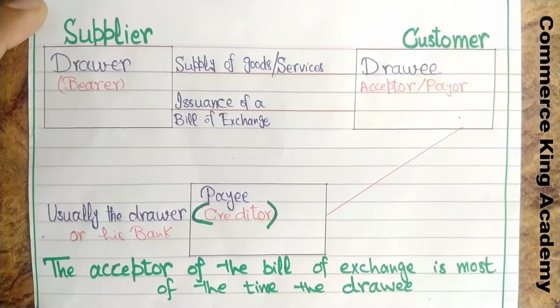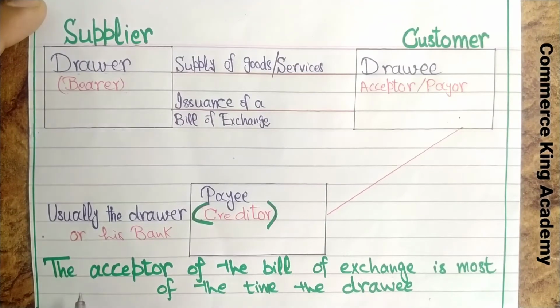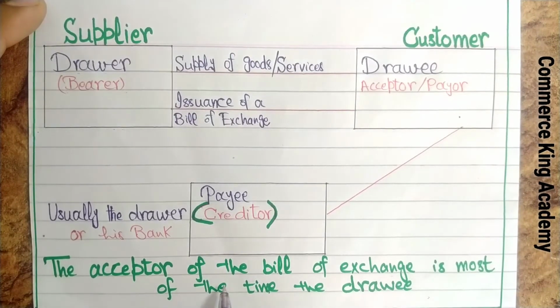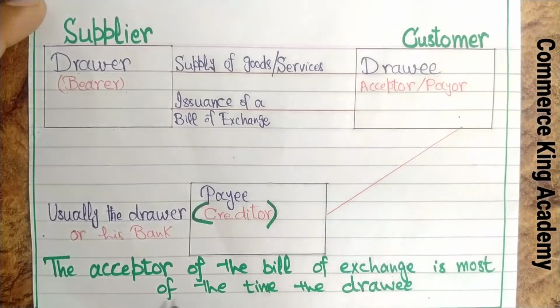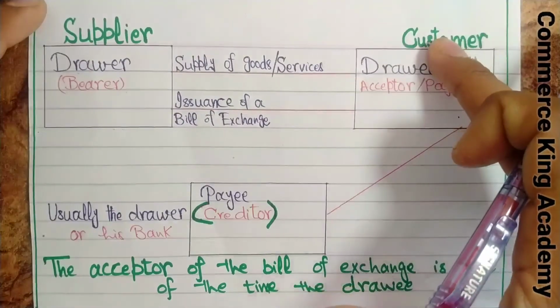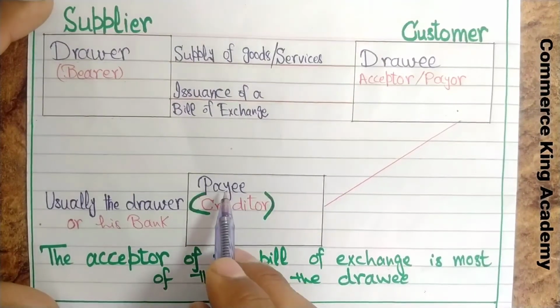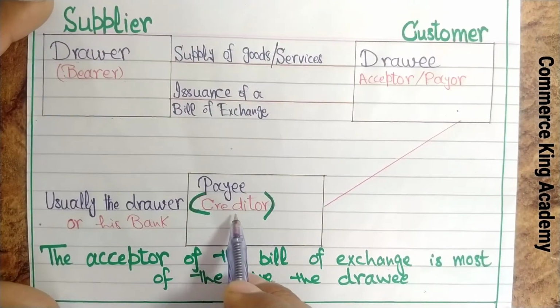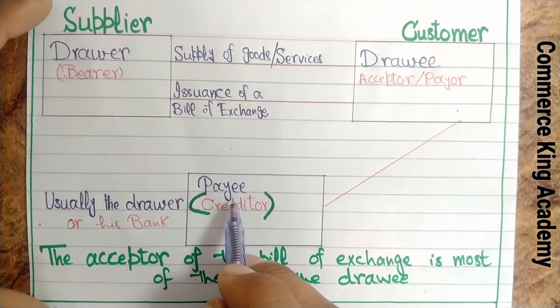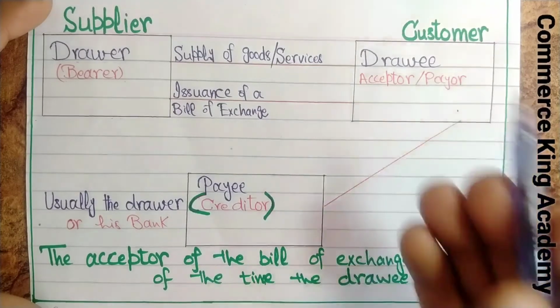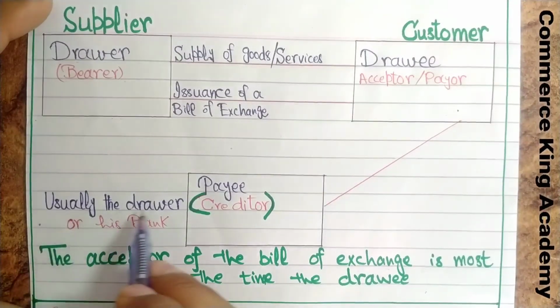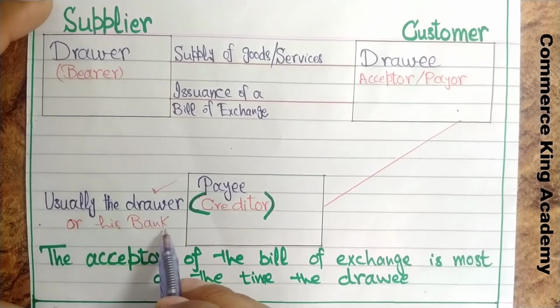Clear? You must keep in your mind that the acceptor of the bill of exchange is most of the time the drawee. And you already know about this party, the payee or creditor. This is the person who receives the payment from the drawee. It may usually be the drawer or may be a bank.